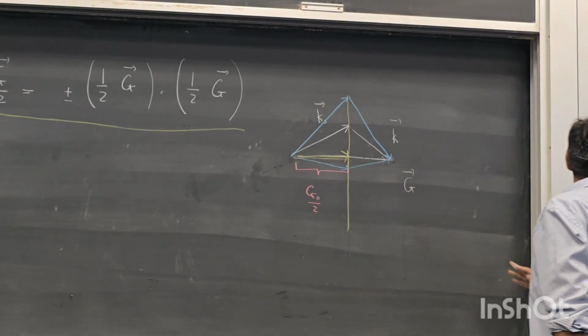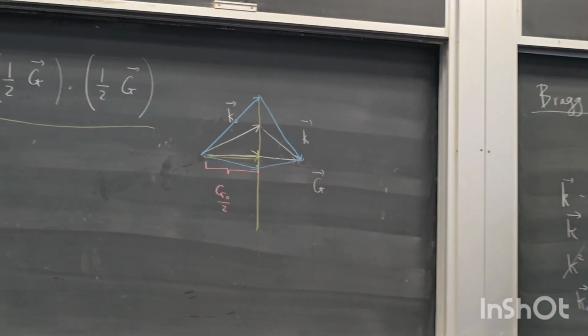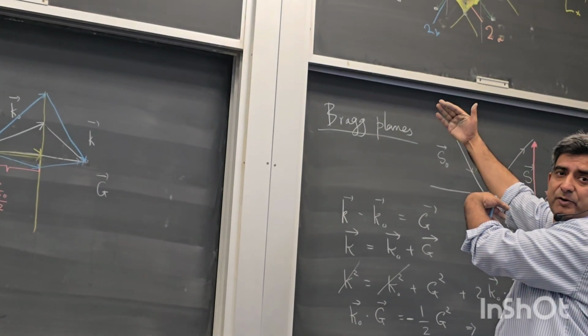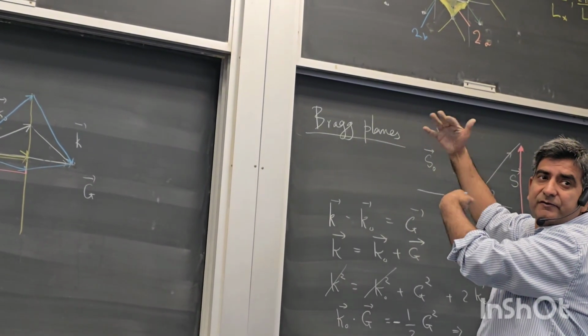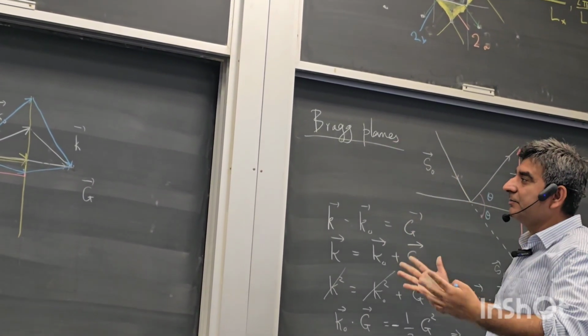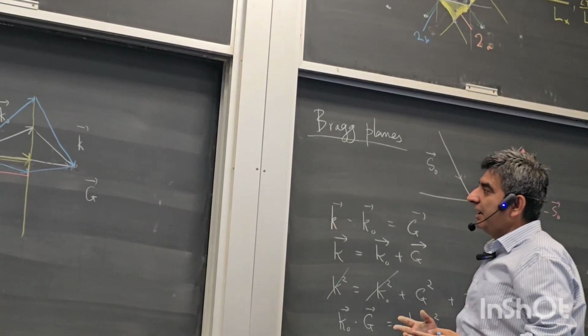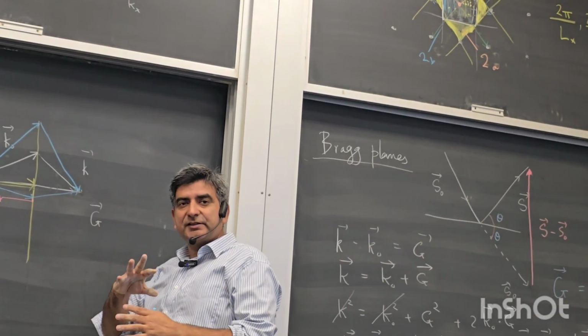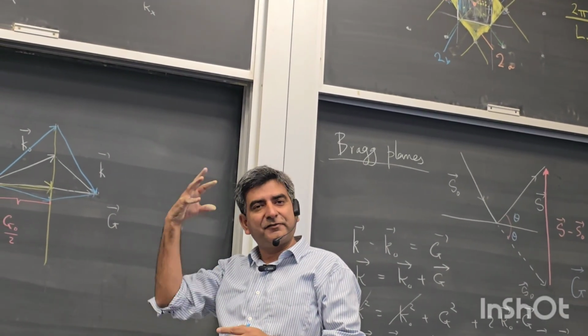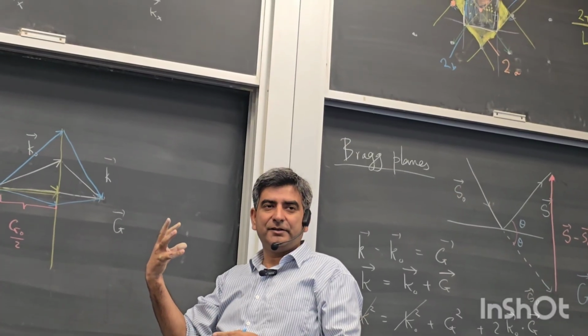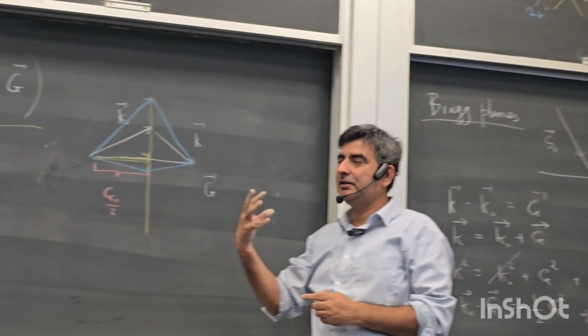This plane is the same as the planes that I formed at the boundaries of the first Brillouin zone. So the boundaries of the first Brillouin zone are nothing but the Bragg planes. And so this is the connection between the diffraction and the first Brillouin zone concept as well.